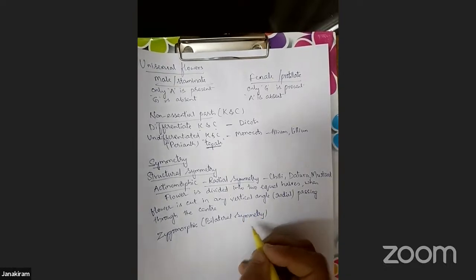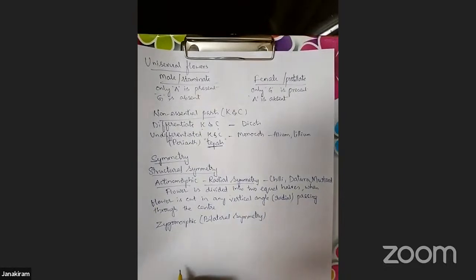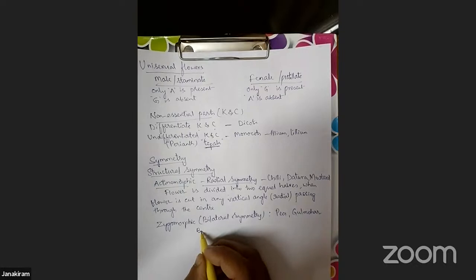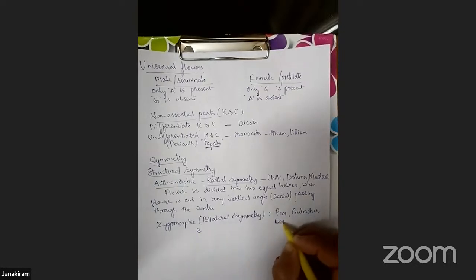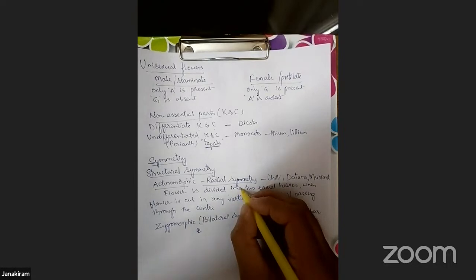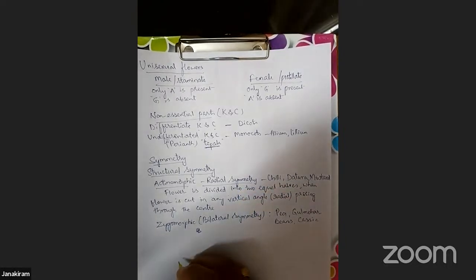This type of example can be seen in members like tea, gulmohar, beans, and cassia, and acacia-like examples.